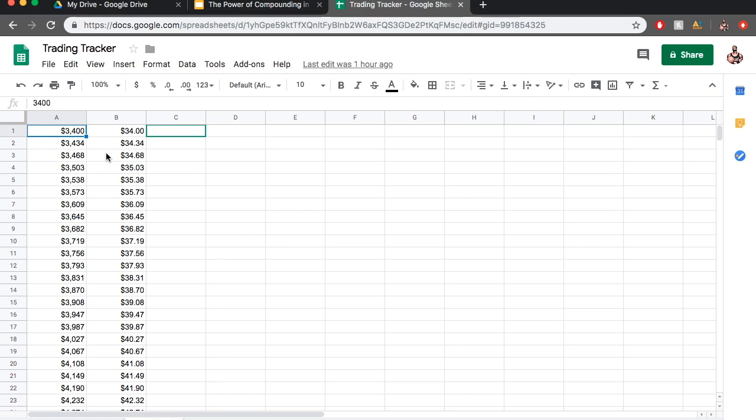As you can see, for the first 20 or so days, you're not even making 50 bucks a day. But look at your trading account. Look at how it's growing, slowly but steadily. After the first month, after 30 trading days, you're already at $4,537, which is over $1,000 in profit. For some, that might be a lot, something they never thought they would get from a $3,400 trading account.